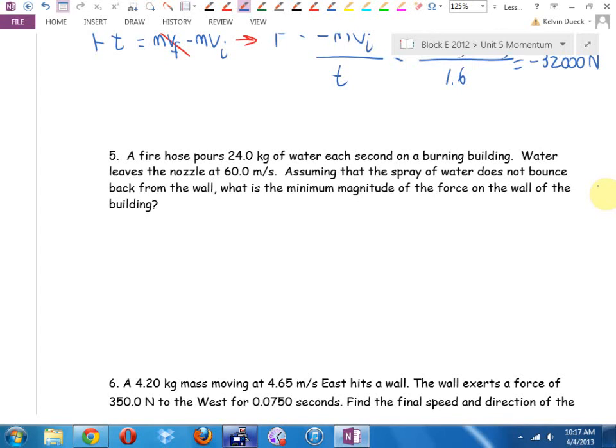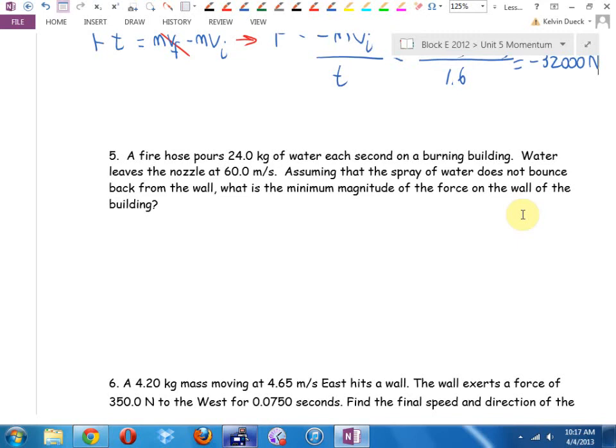So let's see. The fire hose pours 24 kilograms of water each second on a burning building. Water leaves the nozzle at 60 meters per second. Assuming the spray does not bounce back from the wall, what's the minimum magnitude of the force on the wall of the building? Well, they want me to find a force.